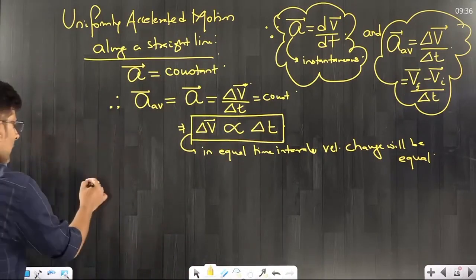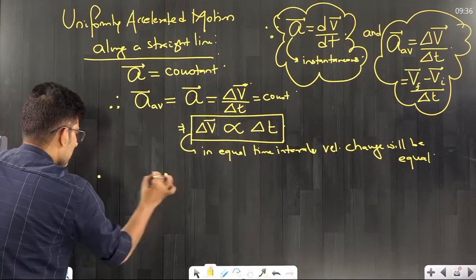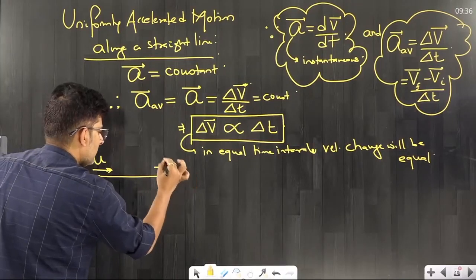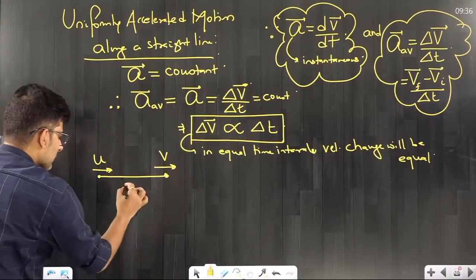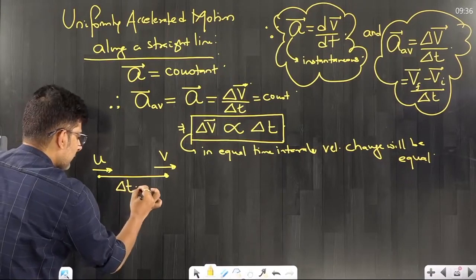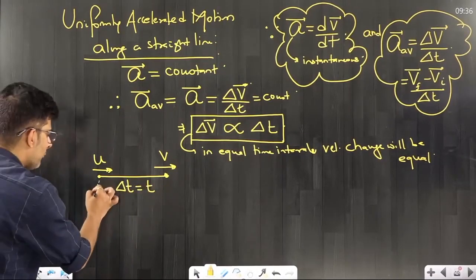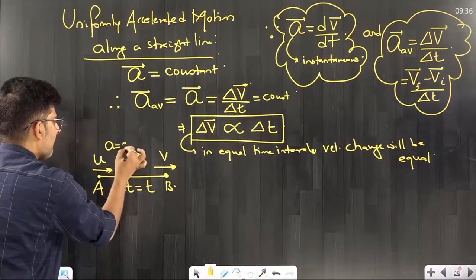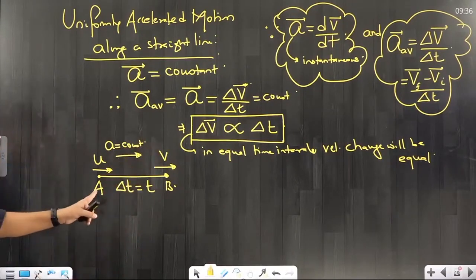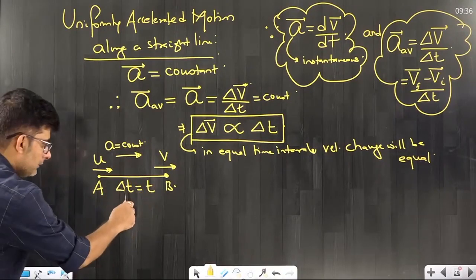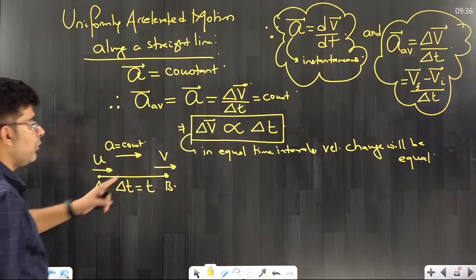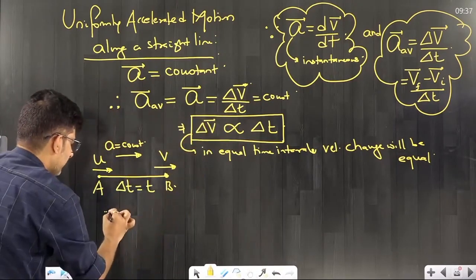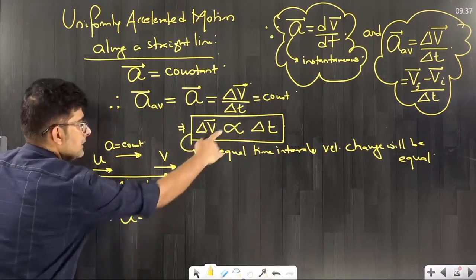Now if we take initial velocity as u, final velocity as v, and the time interval delta t as t. So suppose I go from point A to point B and we are moving with a constant acceleration from A to B, time interval is t. So what I just saw, acceleration and average acceleration both are same, so acceleration will be change in velocity.